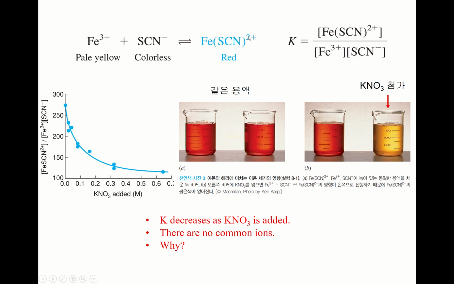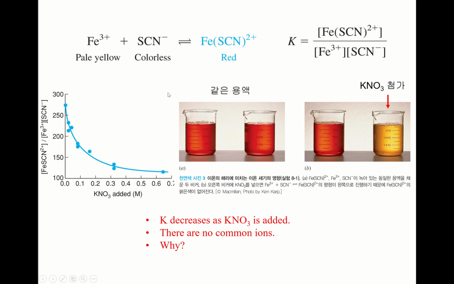This one, ferric thiocyanate, the solution is there, and into this beaker you add potassium nitrate, and suddenly the color changes to yellow. So in this case you can think, oh, the equilibrium moves toward the left, toward the reactant side, because the color changes to yellow.